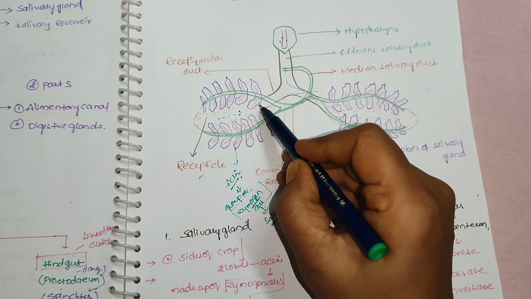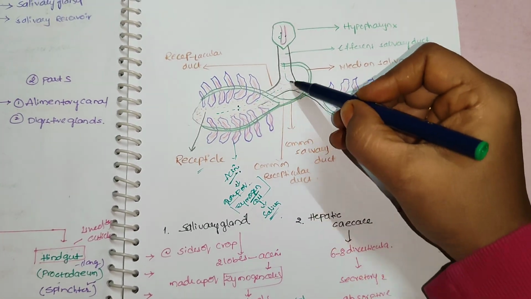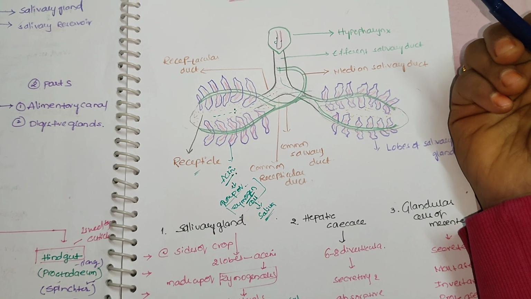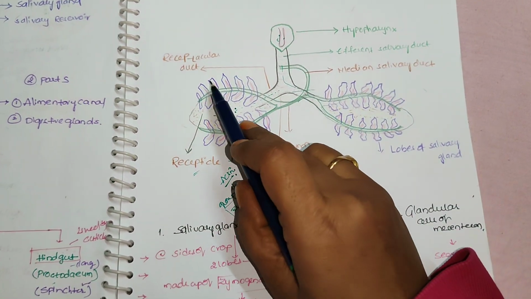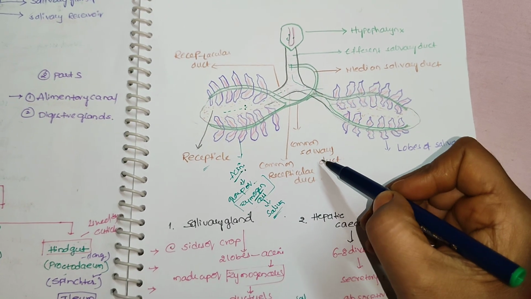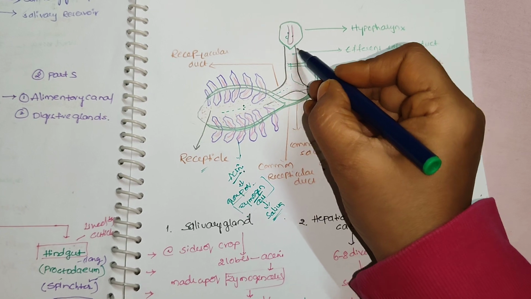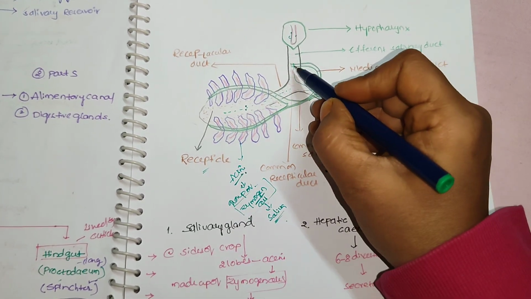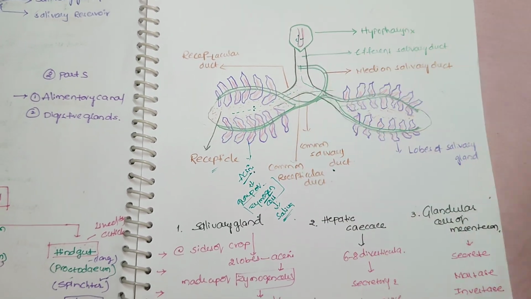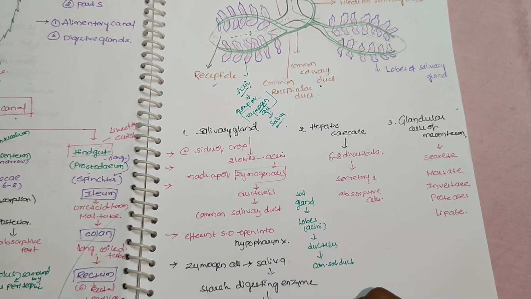With the help of different types of ducts, it opens into the mouth. The ducts are the receptacular duct, median salivary duct, common salivary duct. These ducts collect the saliva from the receptacle and transfer it into the mouth.